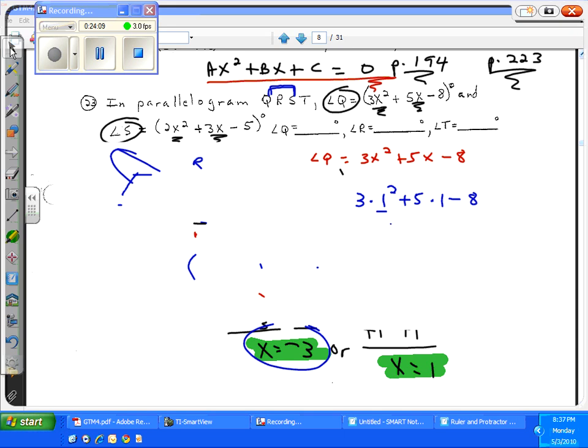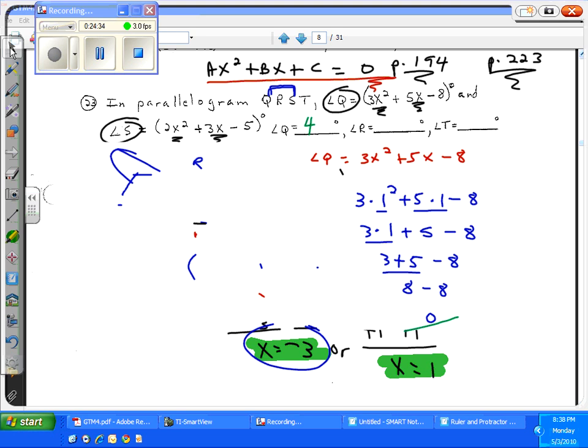So 1 squared is 1 times 3 plus 5 times 1 is 5 minus 8. So we're going to get 3 plus 5 minus 8, which is 8 minus 8, which is 0. The measure of an angle can't be 0. And so it has to be 4 degrees.